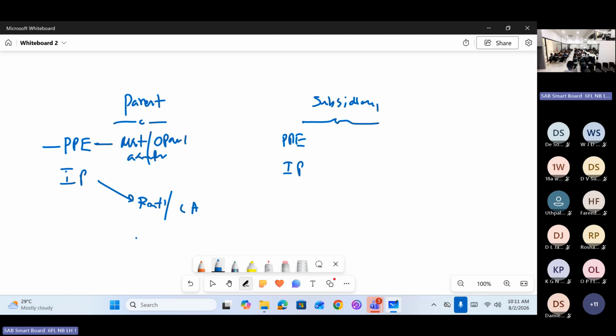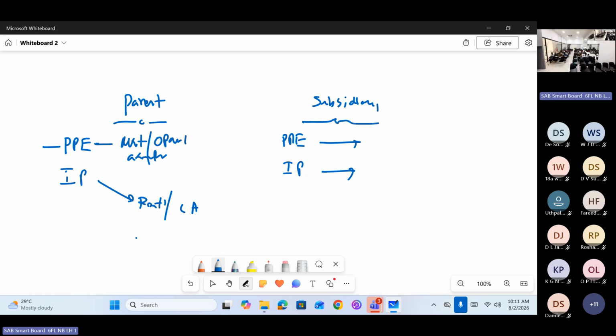That's a different story. In the same way, the subsidiary company also has PP&E and IP, with the same classification.